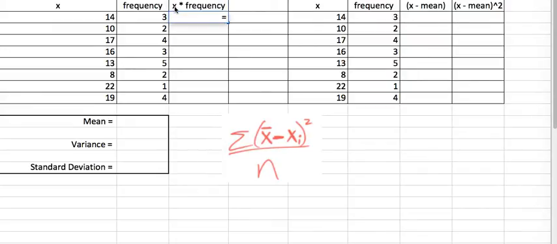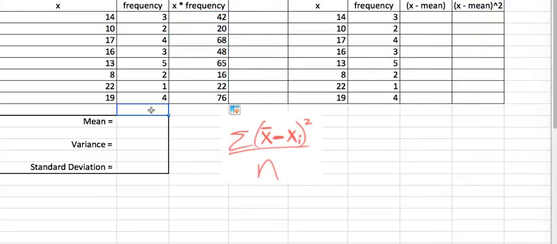Okay? So I had to multiply 14 by 3. That's because there are 3 14s. So I multiplied it by its frequency. I multiplied the 10 by 2 and the 17 by 4 and so on for all of these data.